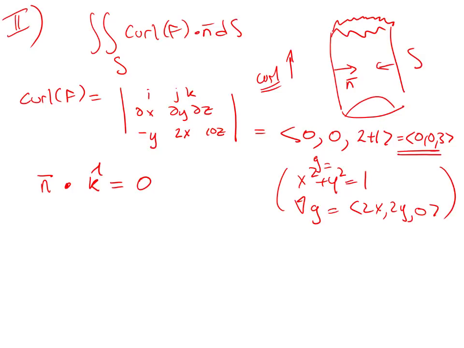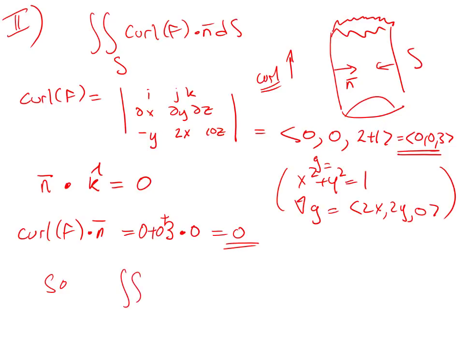Curl F dot the normal vector is going to be 0, because the first two entries of the curl are 0, and the last entry of the normal vector is 0: 0 plus 0 plus 3 times 0, which is 0. And so the flux integral is 0.